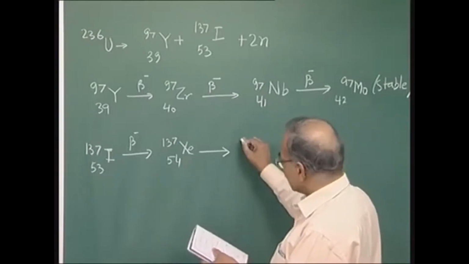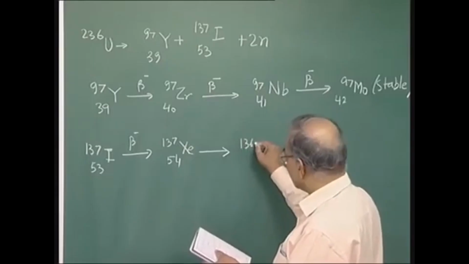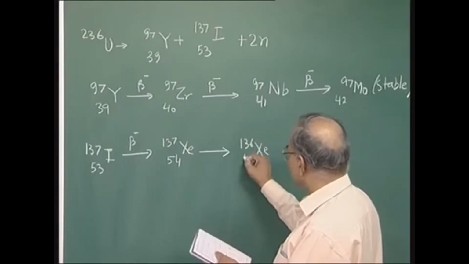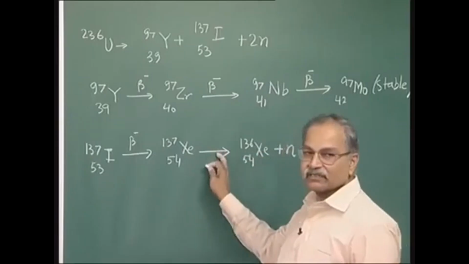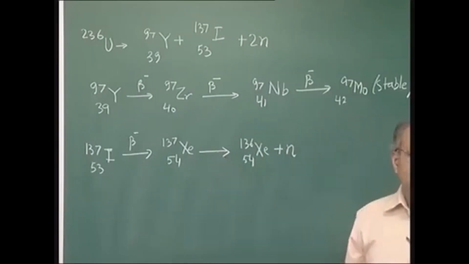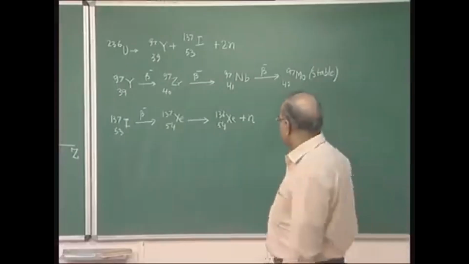the reaction is 136 xenon 54 plus a neutron. This last part is not a beta decay. And of course, this is stable.